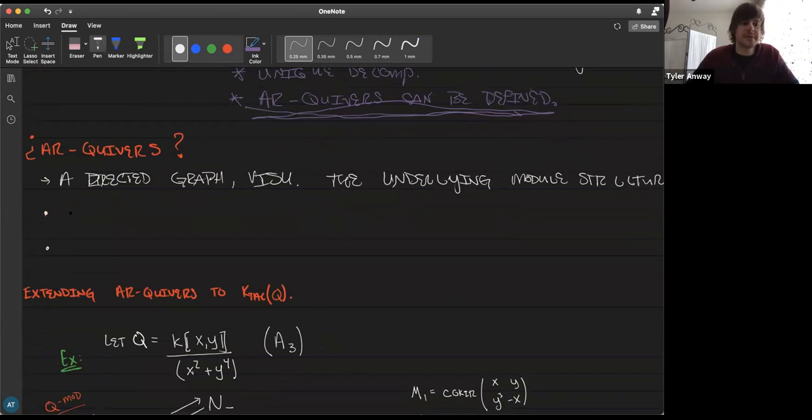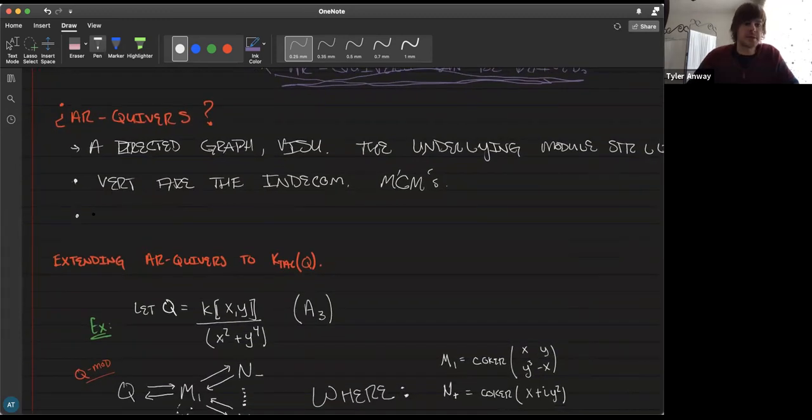And the vertices of this graph, so the vertices are the indecomposable maximal Cohen-Macaulay modules.